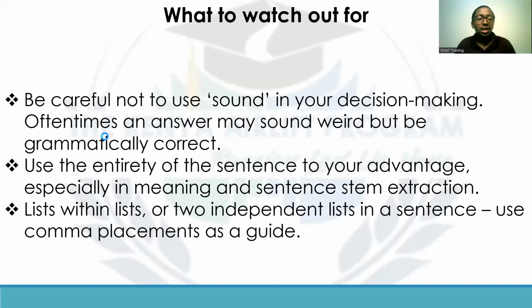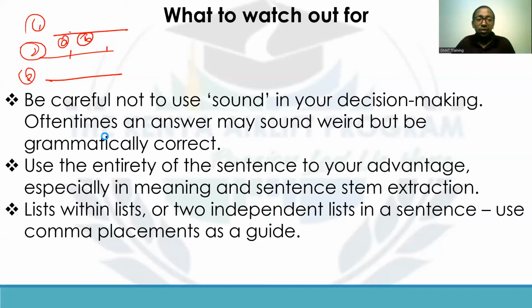So number three, lists within lists, or two independent lists in a sentence. Sometimes you can find that there's a list that consists of three items: item 1, item 2, and item 3. And then you find that item 2 has a list of its own, so it has item A and item B. So be careful of these.